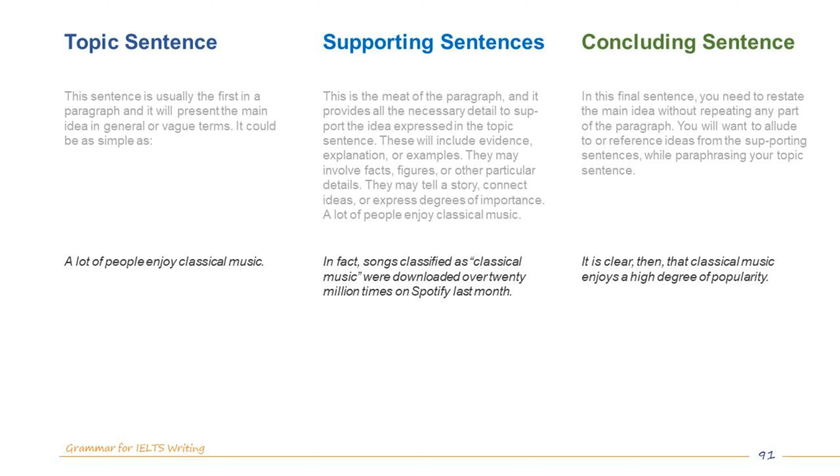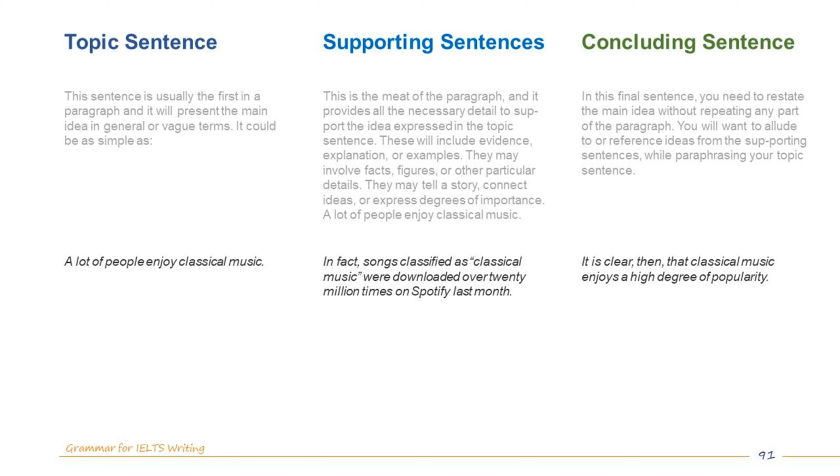This is the meat of the paragraph, and it provides all the necessary detail to support the ideas expressed in the topic sentence. These will include evidence, explanation, examples. They may involve facts, figures, opinions, or particular details.